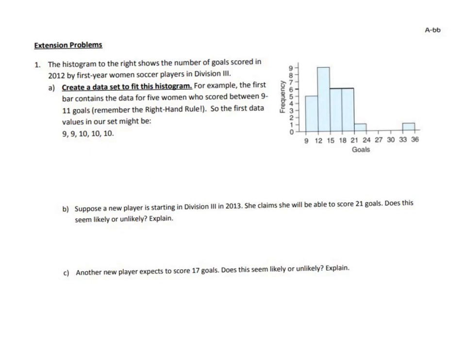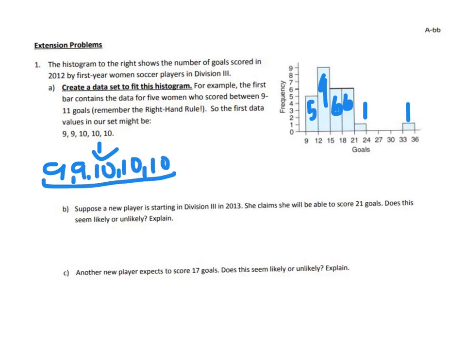So the first bar, there's 5 women in this group. The second one, there's 9. There's 6 in the third one. 6, 1, and 1. So my data set could be 9, 9, 10, 10, 10, like they said for the first bar.